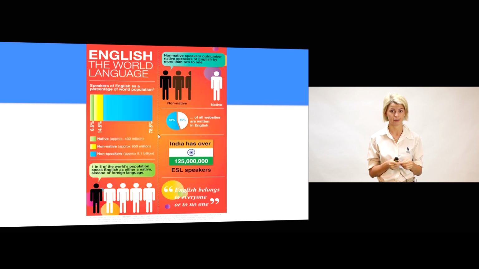And finally, we have a little quote at the bottom of the picture. English belongs to everyone or to no one. What that means is you do not need to be a native speaker to speak English.